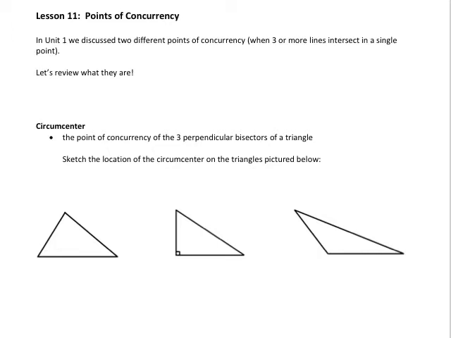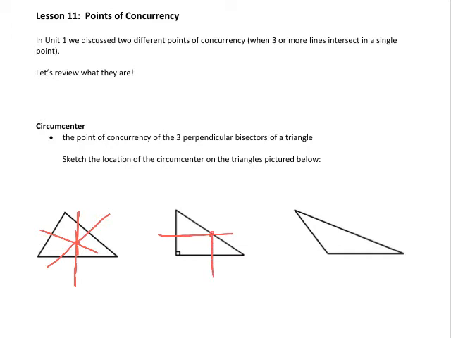So if I were to sketch that, and again, all I can do is kind of sketch here, the circumcenter would be right there. For a right triangle, let's see where it would end up. It's actually going to end up right there on the hypotenuse.